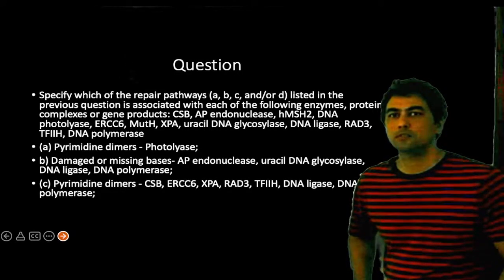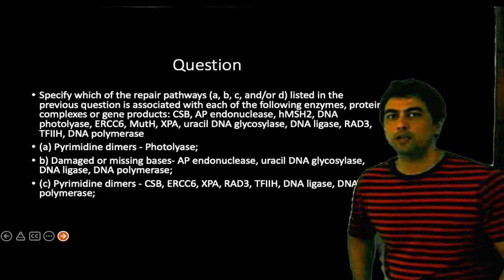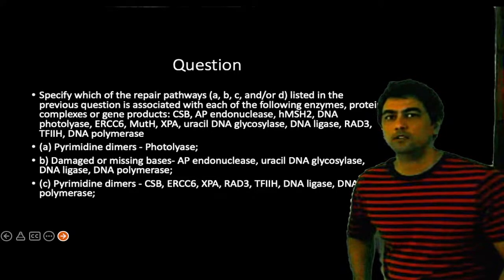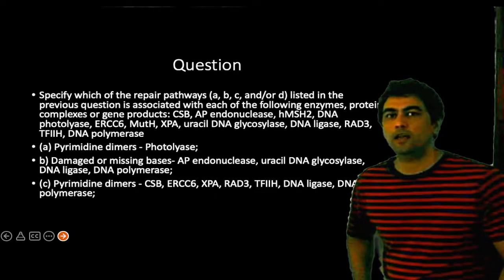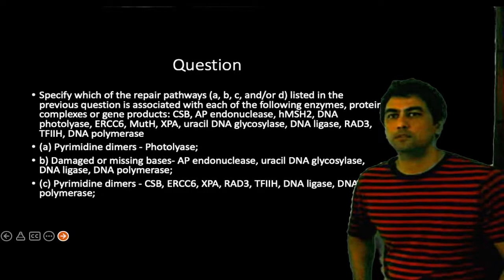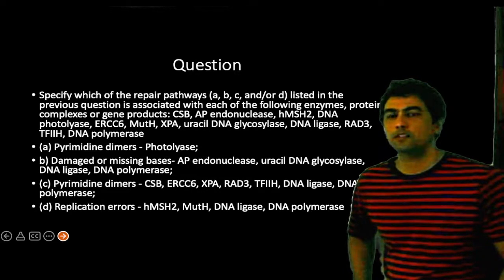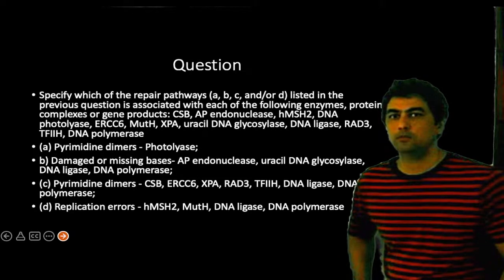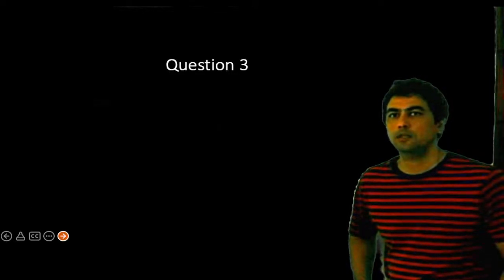Pyrimidine dimers: CSB, ERCC6, XPA, RAB3, EF2H, DNA ligase, DNA polymerase. Replication errors: HMSH2, MUC, DNA ligase, DNA polymerase. Okay?